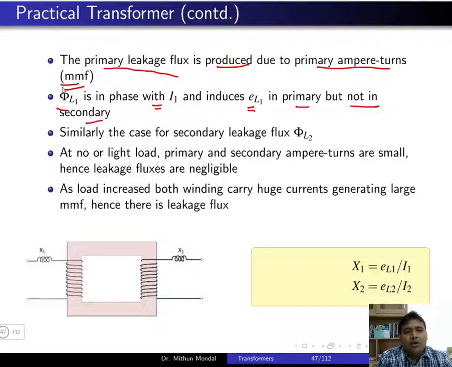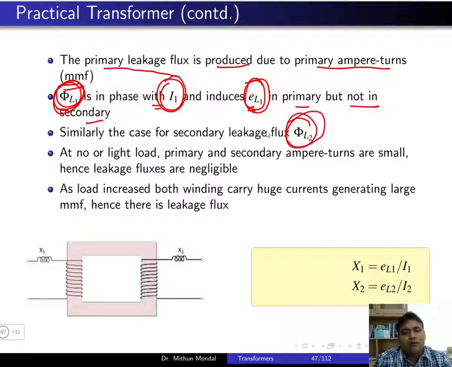So phi L1 is basically the leakage flux on the primary side of the transformer, which is due to the current I1. It is inducing an EMF EL1. This is on the primary side but not on the secondary side. Similar conditions happen on the secondary side of the transformer, phi L2.